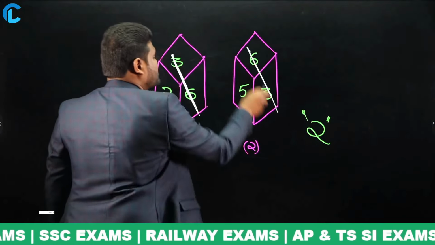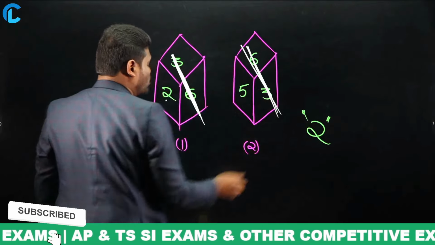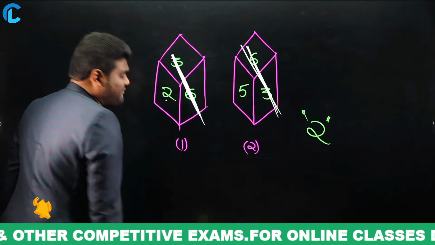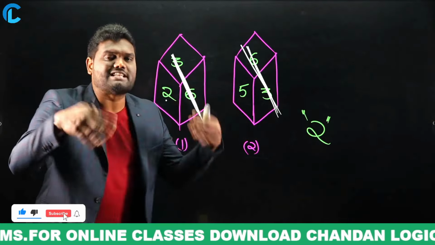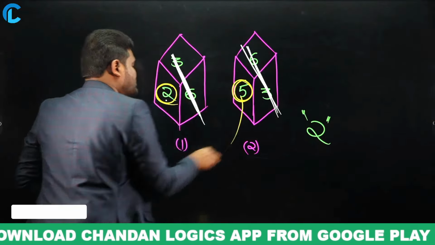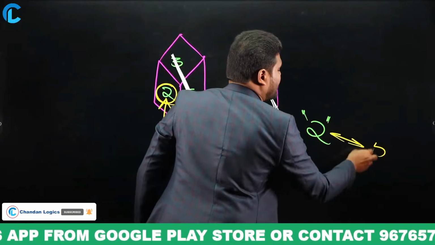Whenever we have 2 elements common, remember this technique. Whenever we have 2 elements common, the remaining two elements are opposite, or simply I can say left out surfaces are opposite. What is the left out surface? 2. What is the other left out surface? 5. Which means 2 opposite is going to be 5.